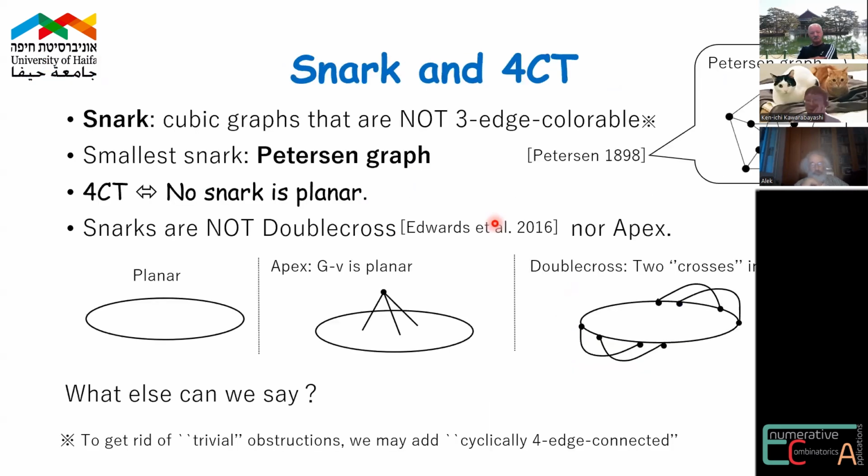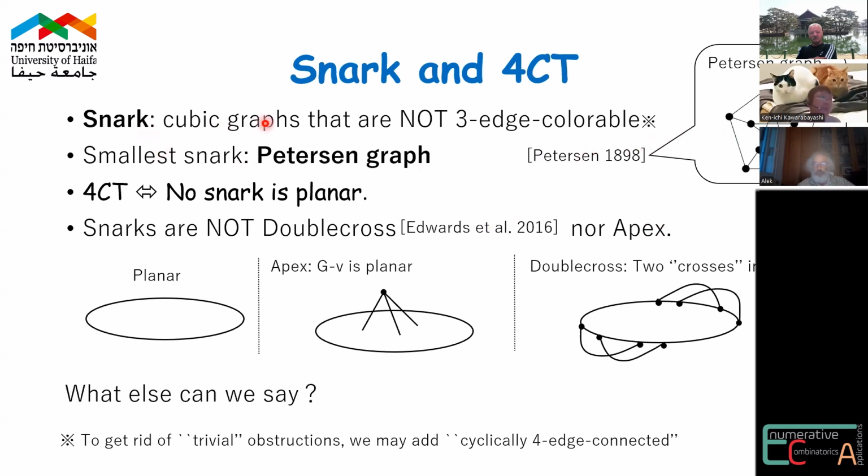Now, 3-edge coloring of cubic graphs, Tait coloring if you want to call it that, got a lot of attention even from the 19th century, because it was first found by Petersen, with his famous Petersen graph.